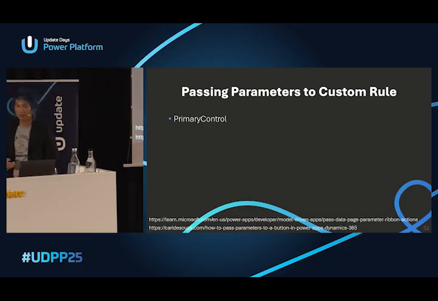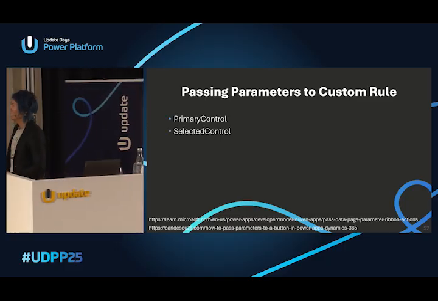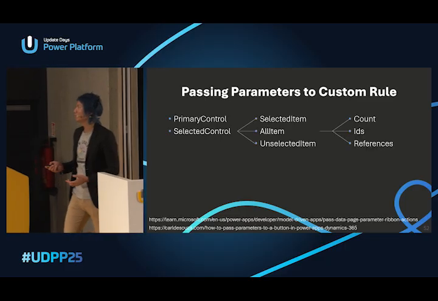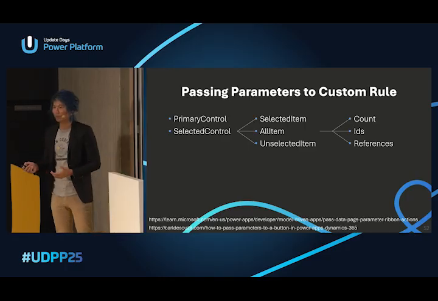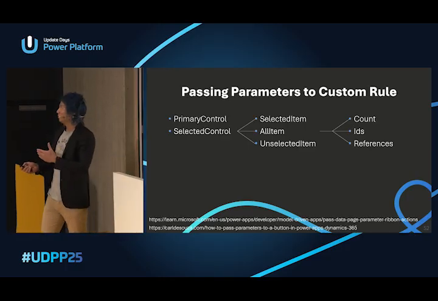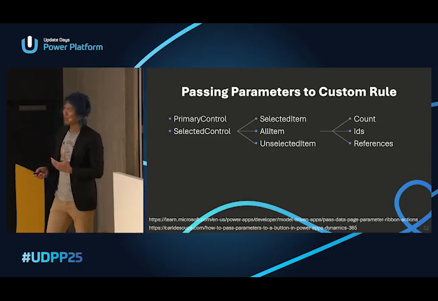And you can have other parameters like the selected control. Selected control is whether this is from the current record. In the selected item, we have about nine different parameters: selected control, selected item, count.